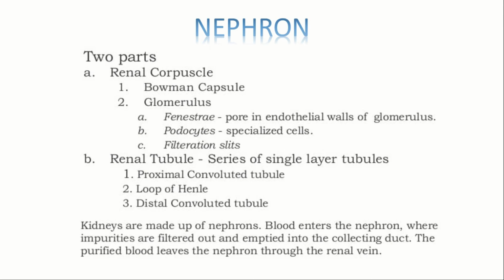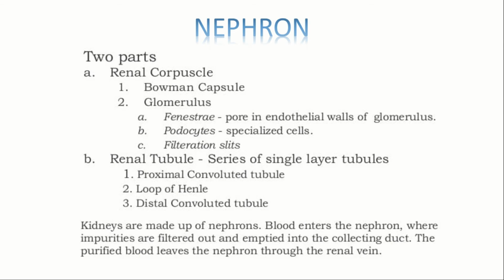In that also there are many specialized cells: pores in endothelial walls of glomerulus, specialized cells and filtration slits. These are not there in your 10th chapters, so you have to take care of Bowman capsule and glomerulus. The next part is the renal tubule, a series of single layer tubules. Here also many other subparts will come.